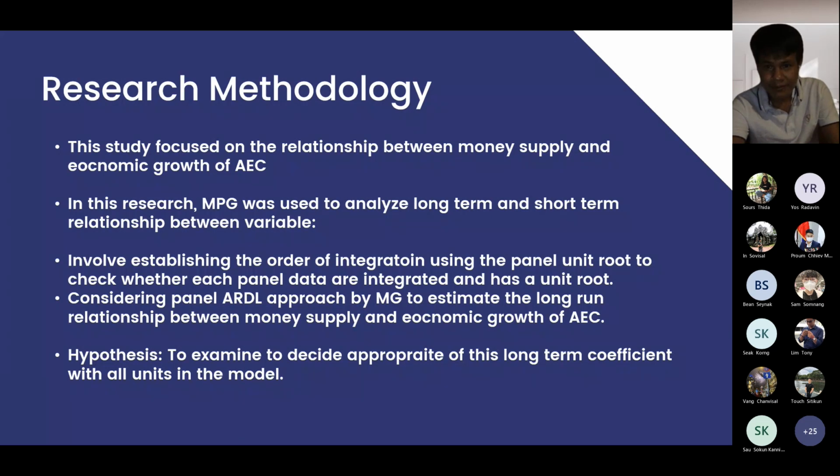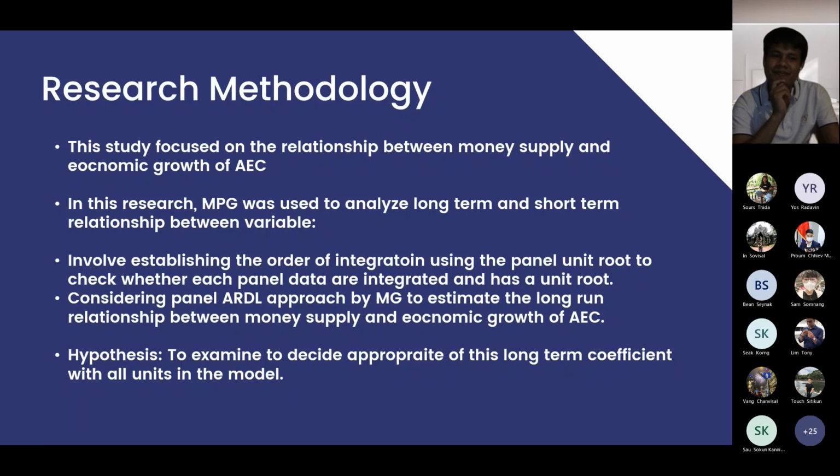However, in order to analyze the long-term relationship between variables, we have 2 steps. First, it involves establishing the order of integration using the panel unit root test to check whether each panel data is integrated and has a unit root or not. In other words, the null hypothesis was to test the panel unit root in order to know whether the data are stationary or non-stationary.